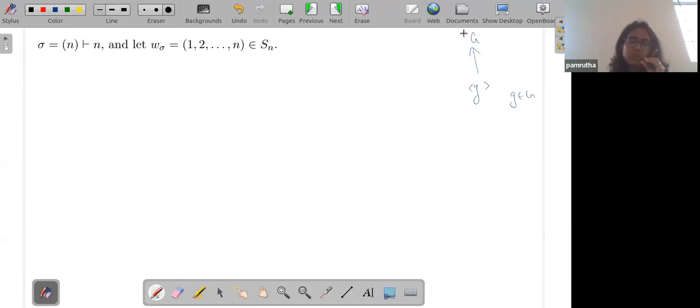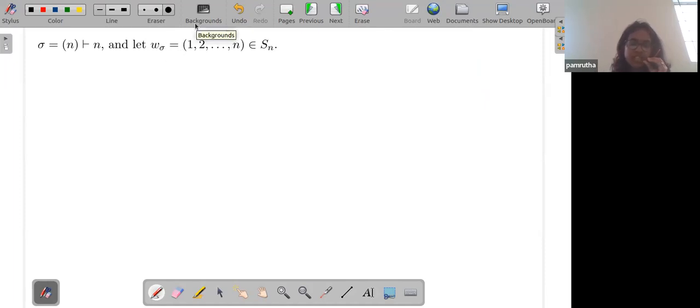I want to see with what multiplicity each irreducible character of G occurs in that induced representation. For the case of the symmetric group, I'm picking the element itself to be the n-cycle. Our capital G is the symmetric group and this small g is the element I am choosing.